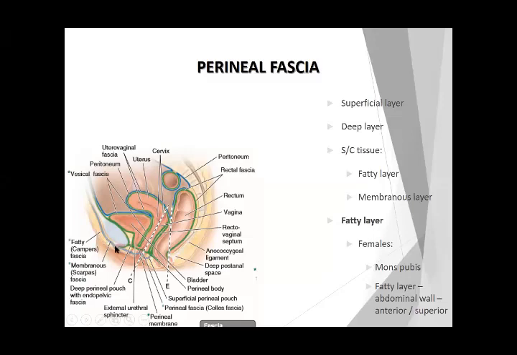So in females, this fatty layer in the perineum continues as the fatty layer of the mons pubis and then the labia majora, and superiorly it continues as the fatty layer of the inferior abdominal wall, which means it continues as the Camper's fascia of the anterior abdominal wall.